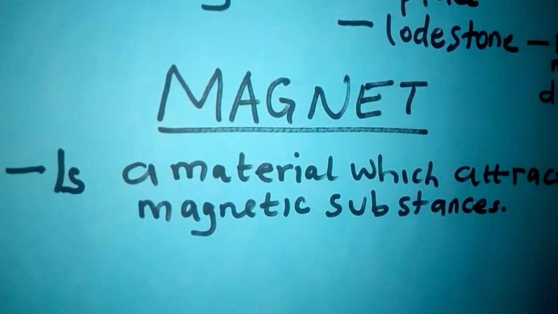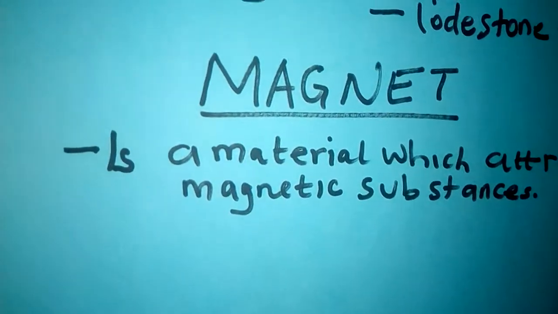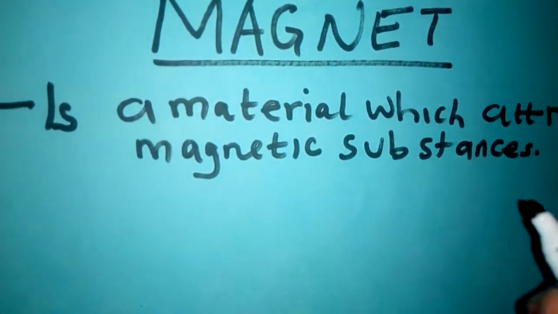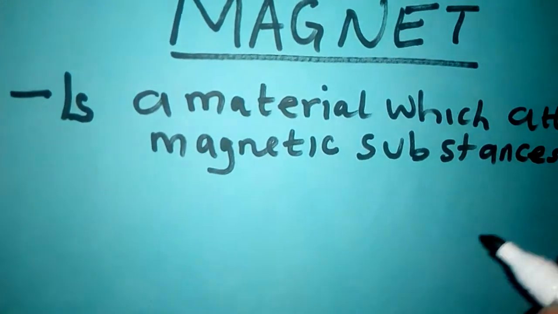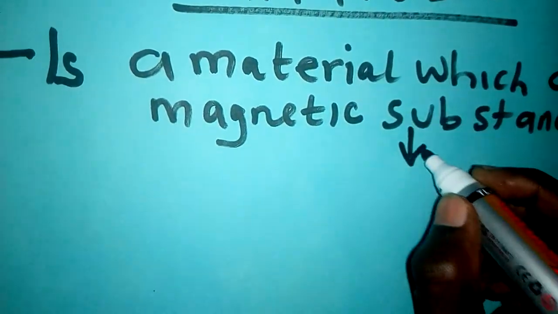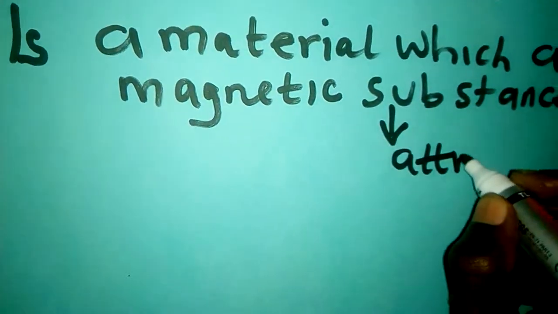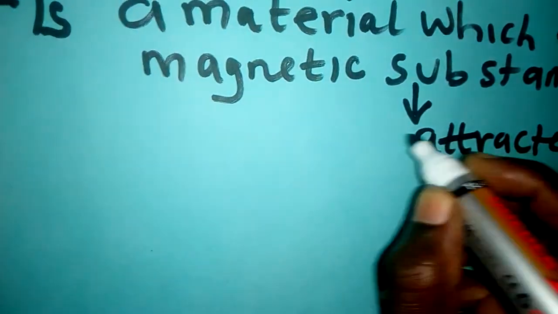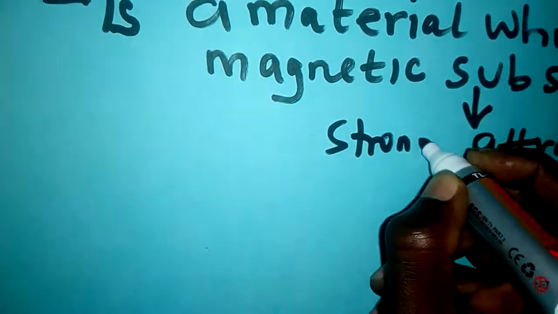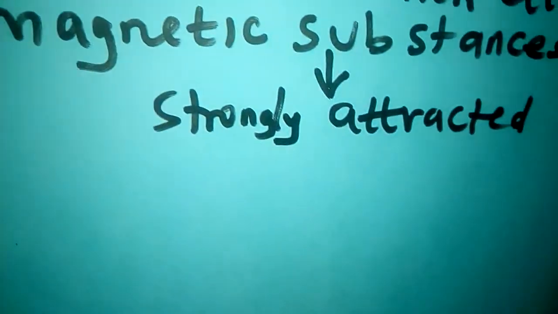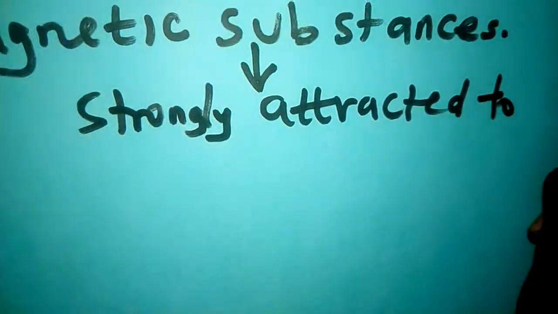Now, what do we mean by magnetic substances? Magnetic substances are those substances which are easily attracted. You can use the word strongly attracted or easily attracted to a magnet.